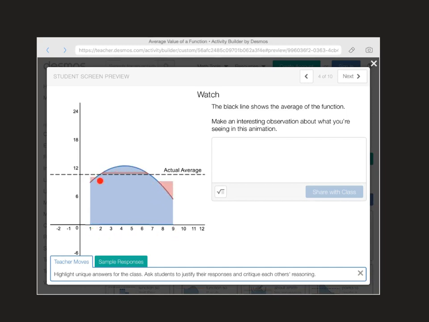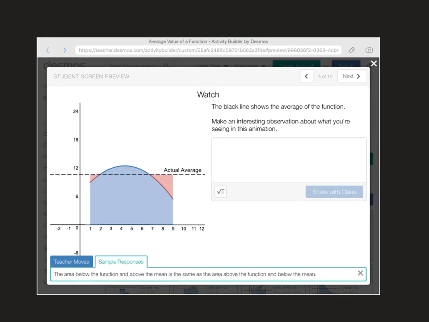So we're going to take the total area that's in this hump and kind of level it out. Can you see it's leveling out? And when all of this stuff that's too high is transferred over to the other two sides, what you get is an actual average value across here. And so this value here, which is about 10.5, 11, is the average value for the function.